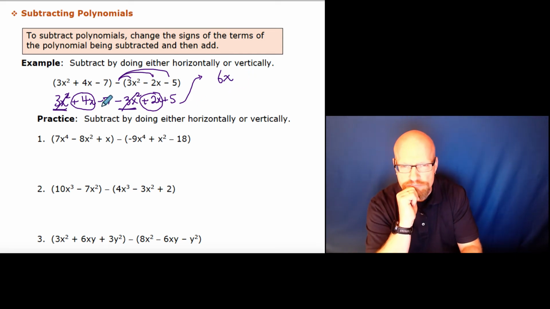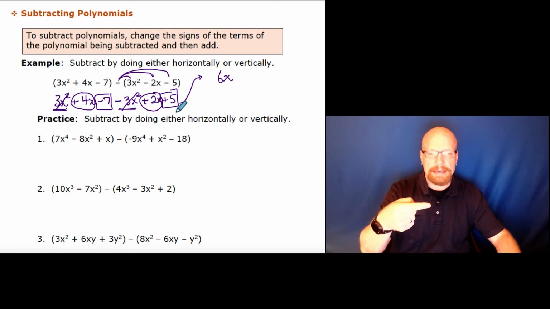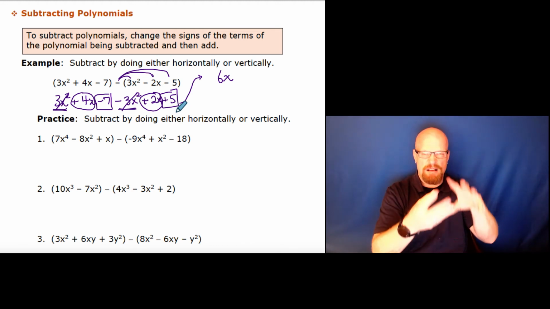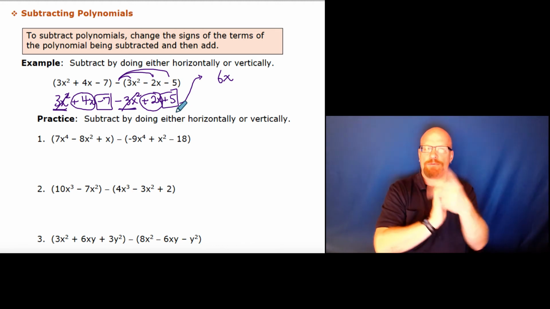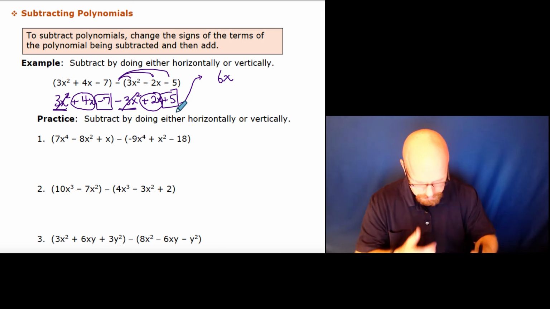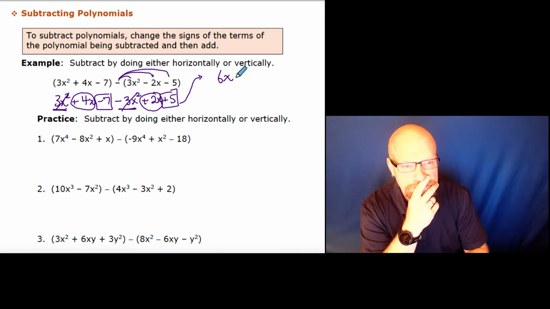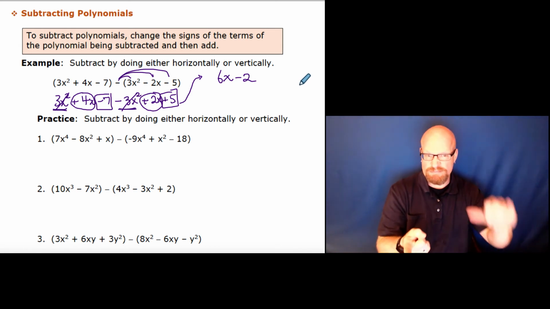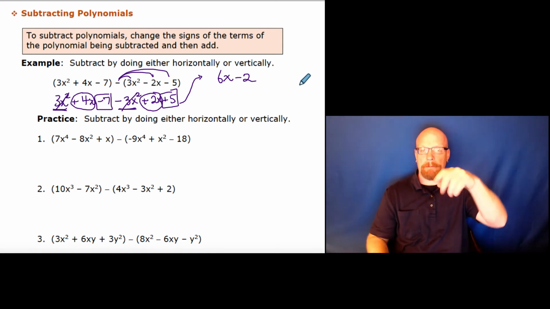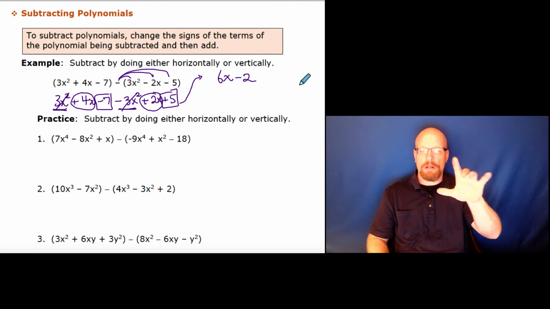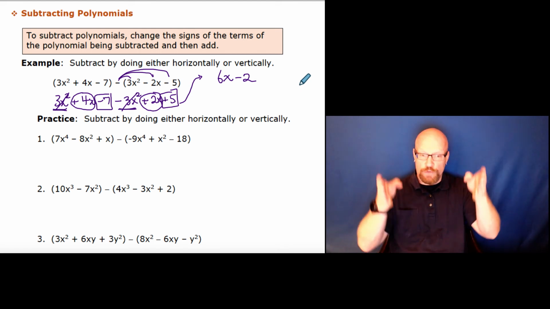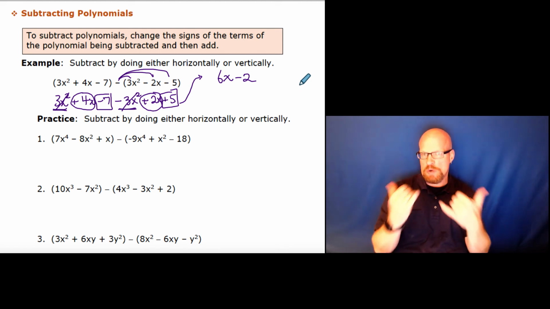Now the last remaining terms: negative 7 plus 5. The answer is negative 2. Okay, that's how we would subtract polynomials horizontally. If you want to do it vertically, you can, and I'll show that now.